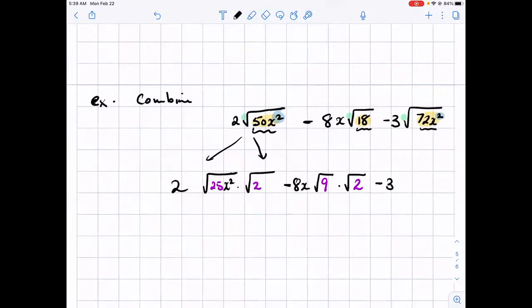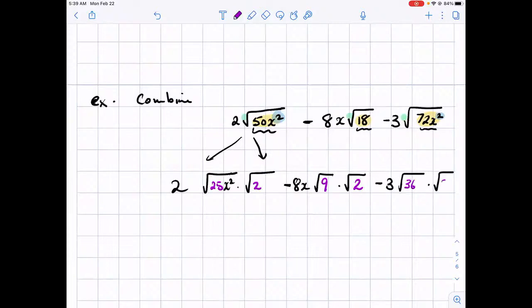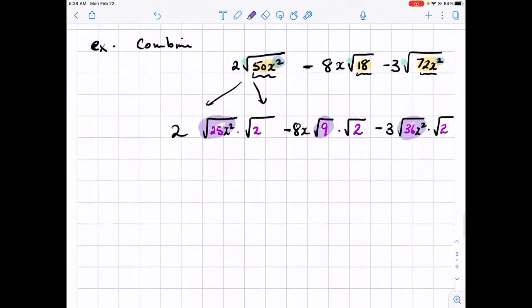Minus 3, and if I make 2 radicals once again, right, 2 numbers will be 36 times 2. And the x squared will stay with the 36 because I know that can be simplified. So each one of these radicals here will go away because they're perfect squares. Okay, those radicals will go away. So this one here I broke up into these two, this one here I broke up into that two.